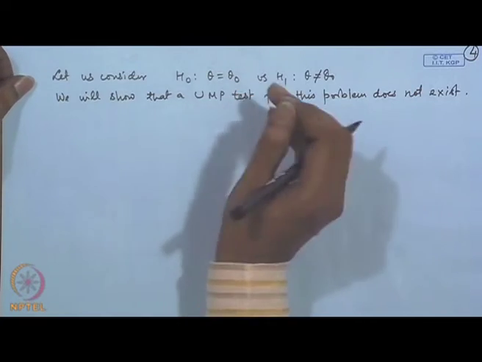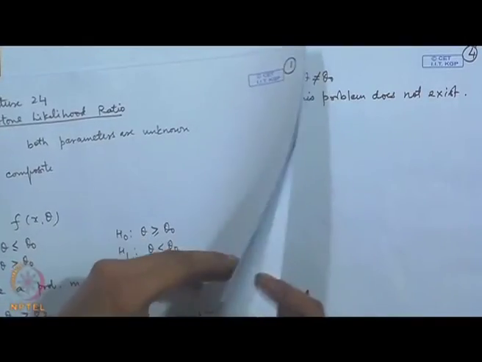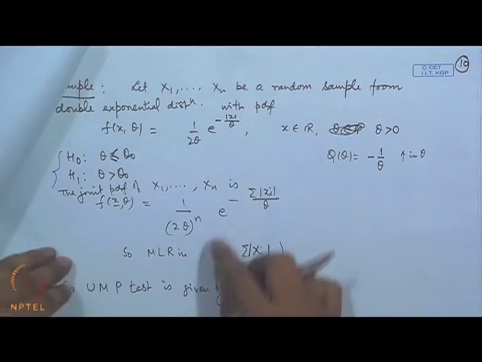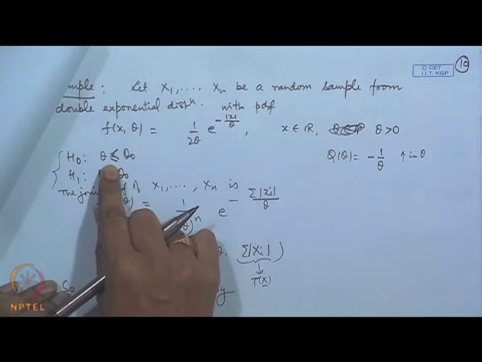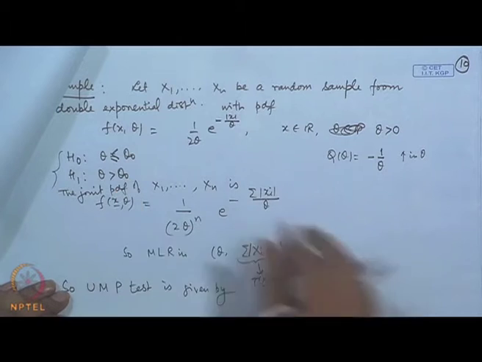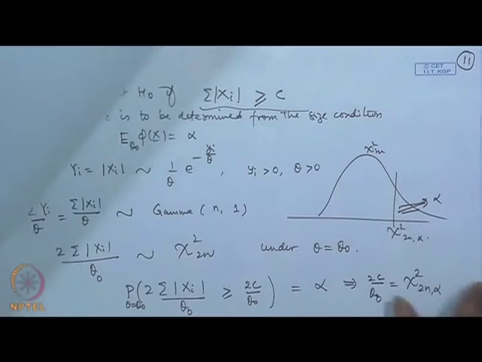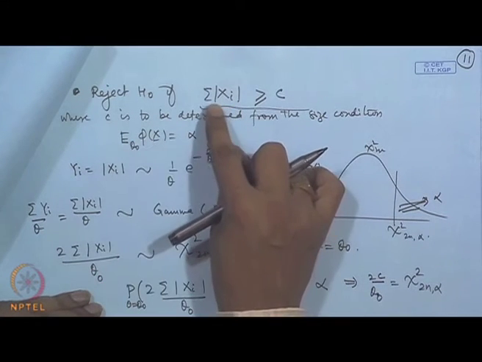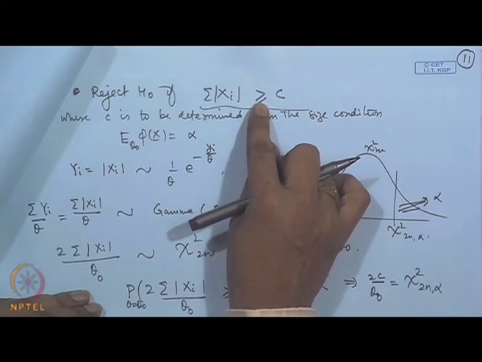If you go back to the development I gave in the last lecture, we considered the one sided testing problem theta less than or equal to theta naught against theta greater than theta naught, and derived the UMP test of the form: reject H naught if sigma modulus x i is greater than or equal to c.